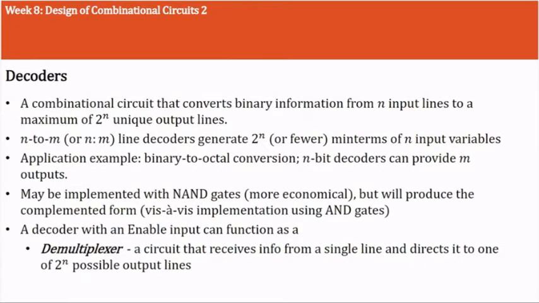A decoder with an enable input can function as a demultiplexer, which is a circuit that receives information from a single line and directs it to one of the 2 raised to n possible output lines. So those are the information that you need to understand when it comes to decoders.